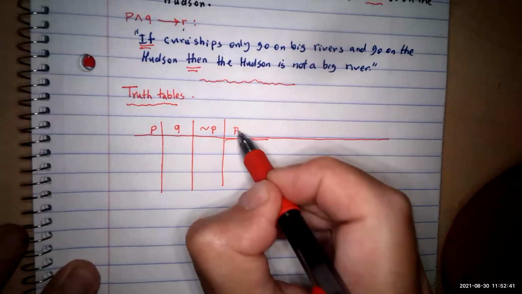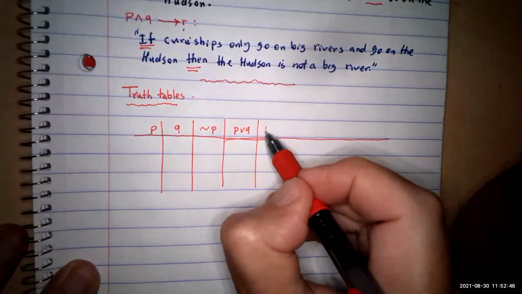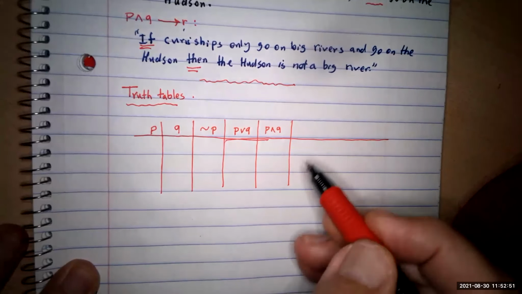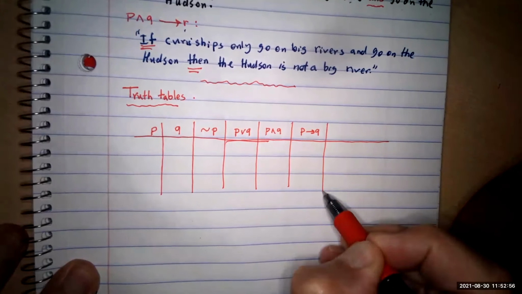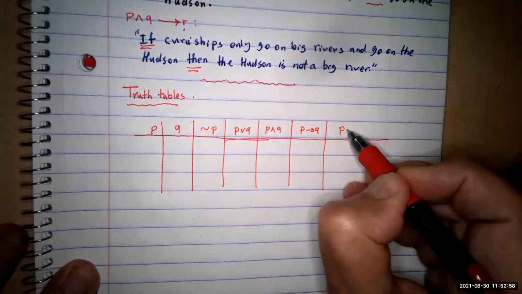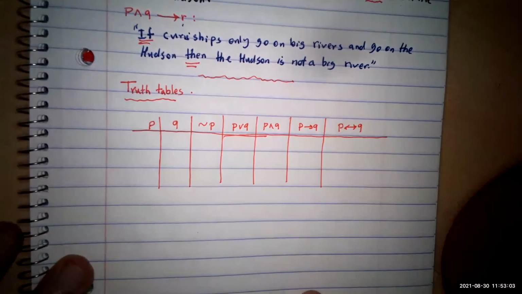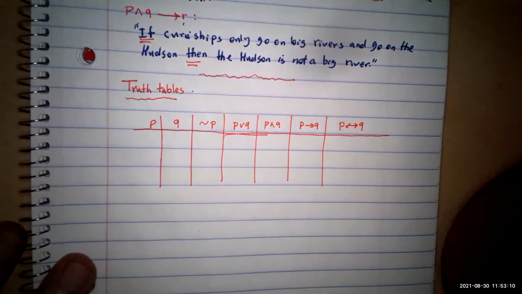Then I give you P or Q. Then I give you P and Q. Then I give you if P then Q. Okay, and I give you P if and only if Q. These are going to be all of them at the same time. So you follow these rules from now on for this one and the next 2 chapters. Okay, are you ready?